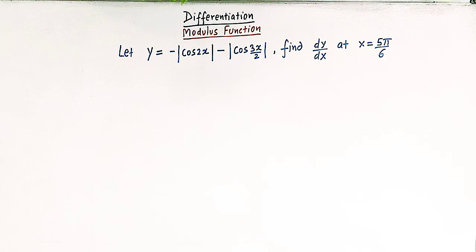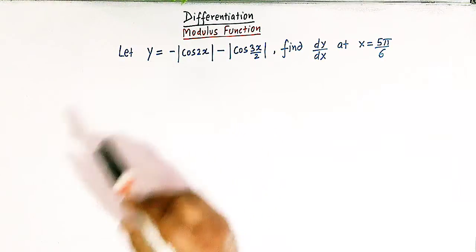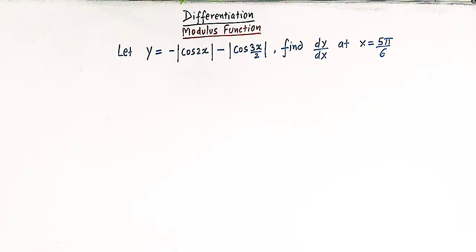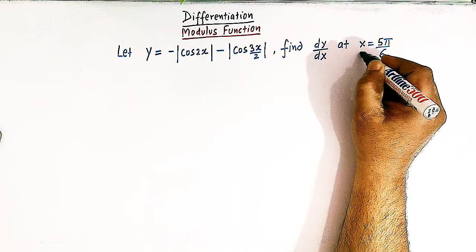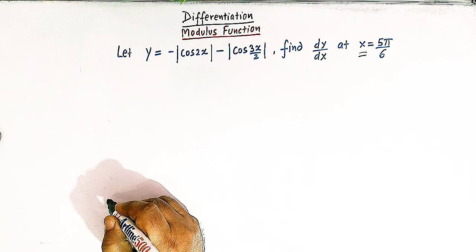So beside the concept from trigonometric functions, we'll also see how we can apply the definition of mod function to these two expressions, that is mod of cosine of 2x and mod of cosine of 3x by 2. So let us start with this number, that is x is equal to 5 pi by 6, right?